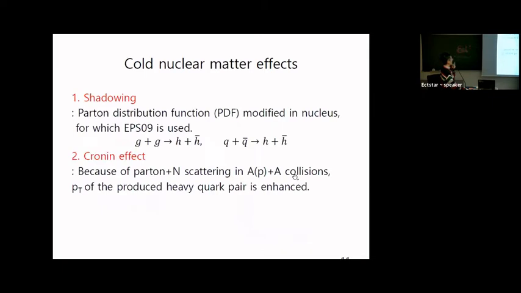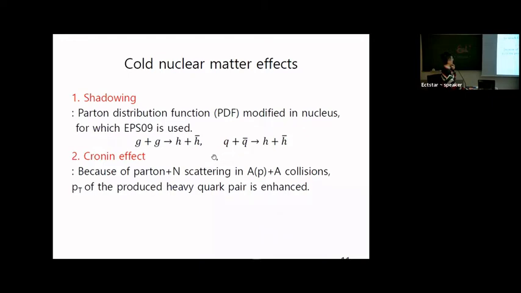And if we study heavy ion collisions or proton-nucleus collisions, we should include cold nuclear matter effects like shadowing effects and Cronin effects. Shadowing effect is the modification of parton distribution function in nucleus.